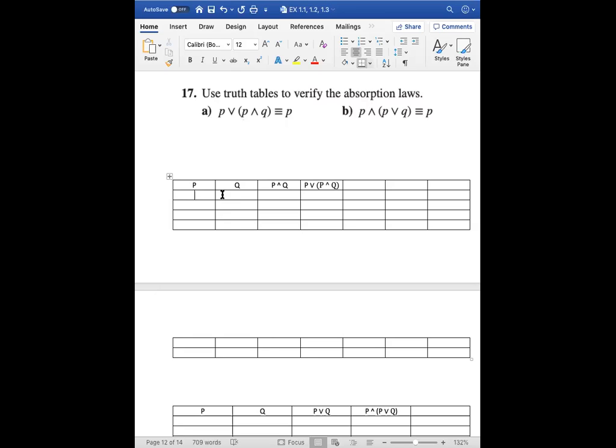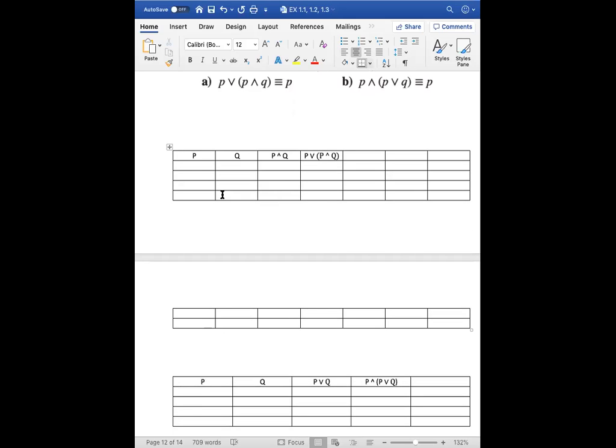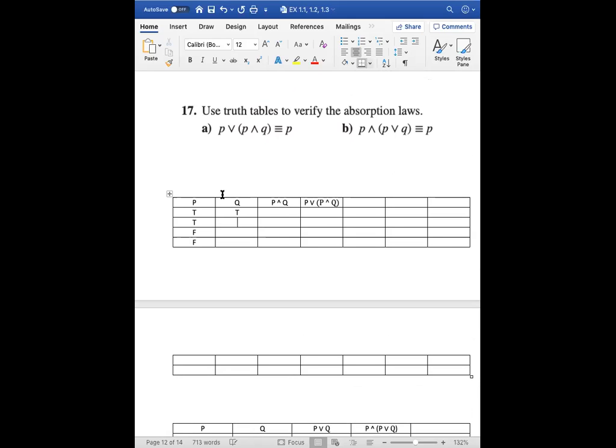So we have this P, which can be true, true, false, false. And then Q can be true, false, true, false. It is written this way so that we cover all the possible values.